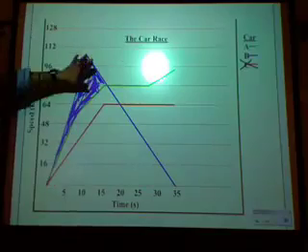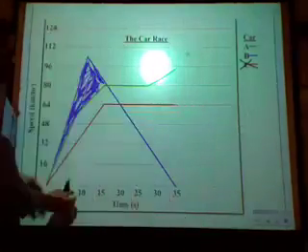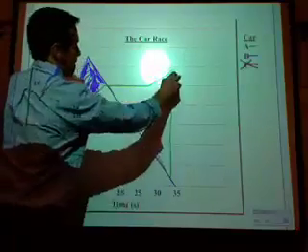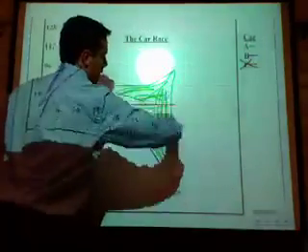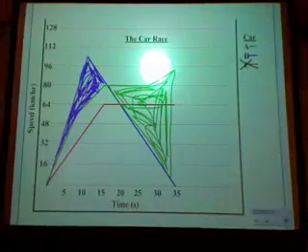So all of that is more than the green. But look at what the green has over the blue. All of this in here is faster than the blue.